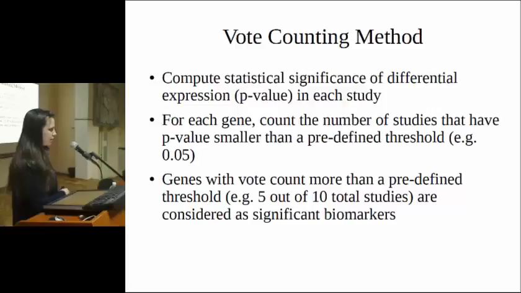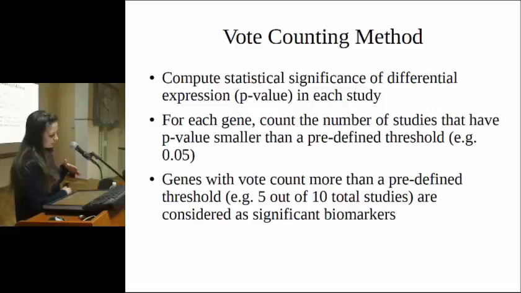But let's say we got these lists and we got a p-value for each gene. So first of all, we need to filter the genes by p-value here, so we can leave only those differentially expressed genes that are significant.